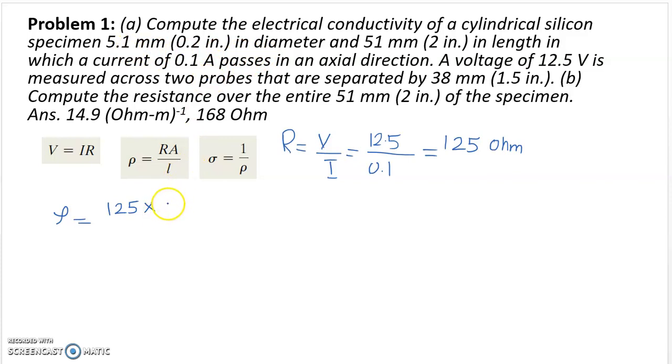So area is equal to pi times diameter squared divided by 4. Diameter is 5.1 millimeter, which is actually 0.0051 meter. And then over here is the length.